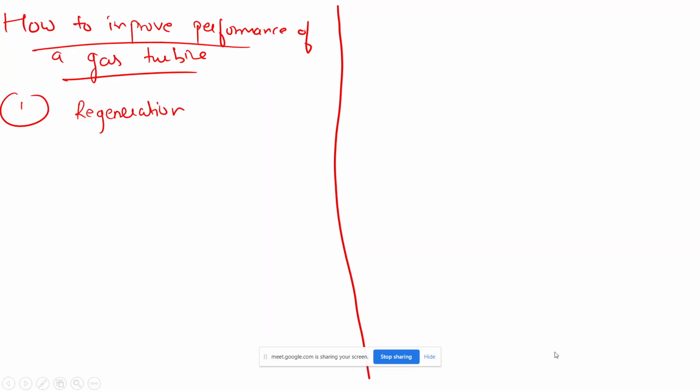Okay, so first one is the regeneration in gas turbine. Second is reheating. And third one is intercooling.